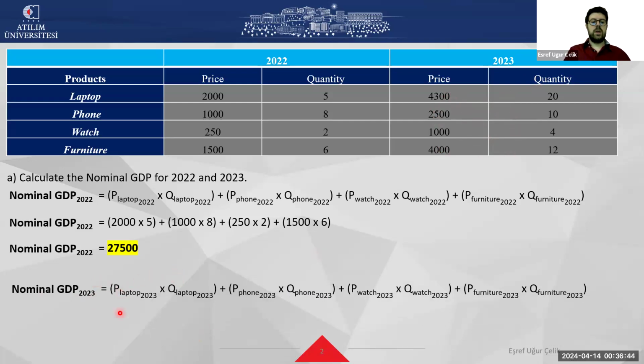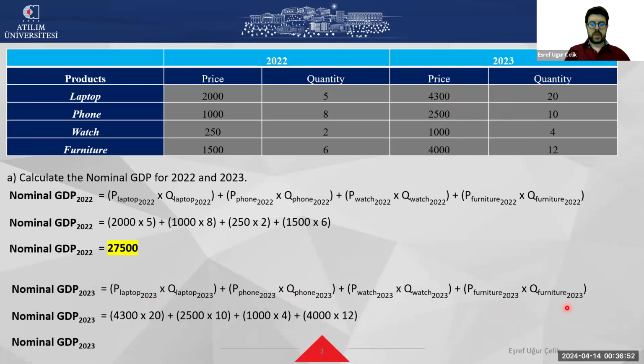So the nominal GDP for 2023 is a huge number. Is there any important order? No. So nominal GDP, it's like that.